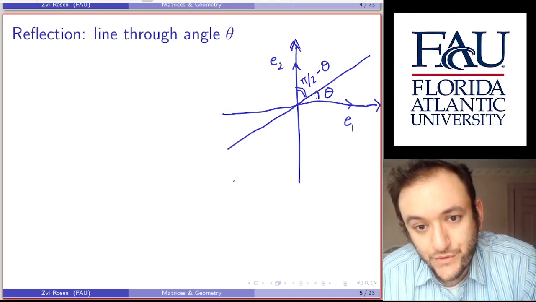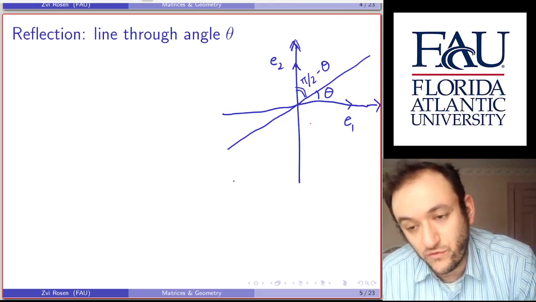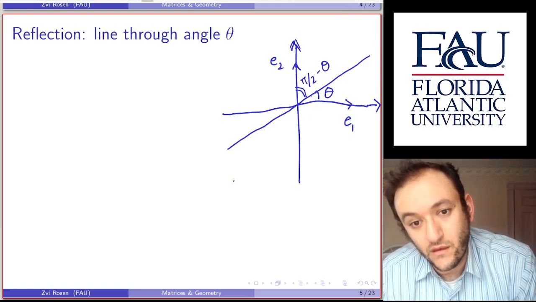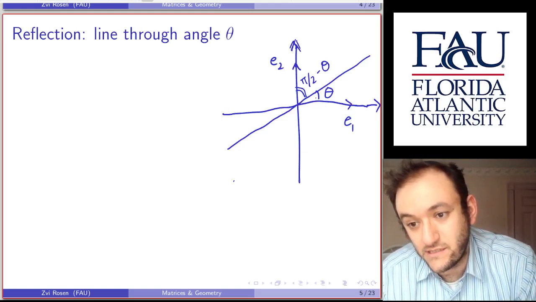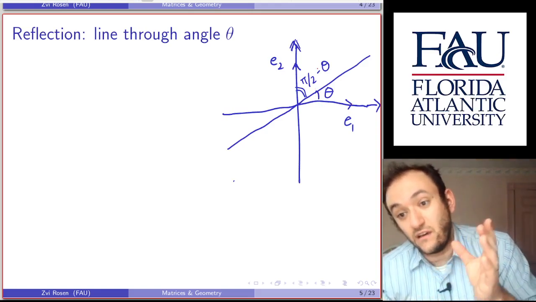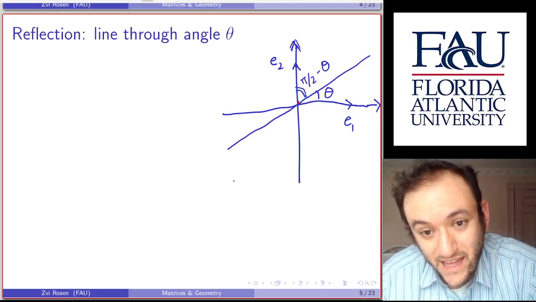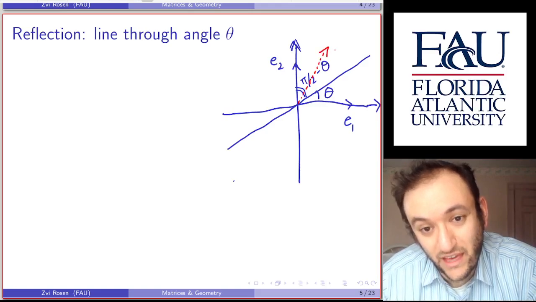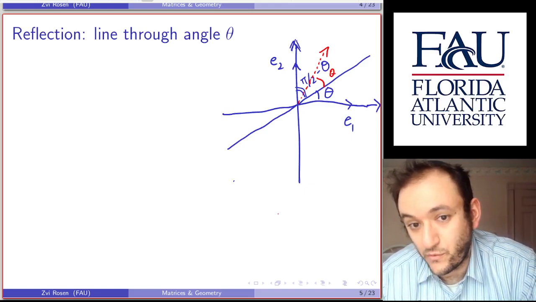Okay, so we'll note that when we try to reflect over this line, the angle that E1 makes with this line should be equal to the angle that T of E1 makes on the other side. So what I should expect here is that E1 should map to something with angle theta over here.